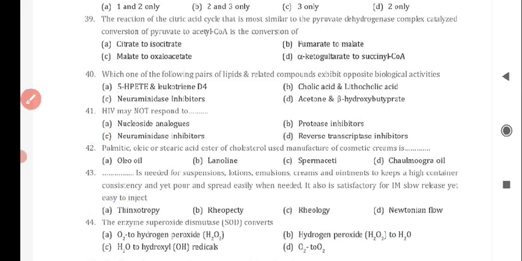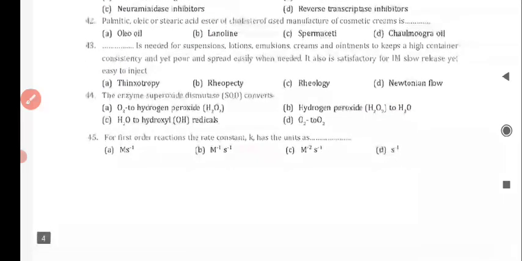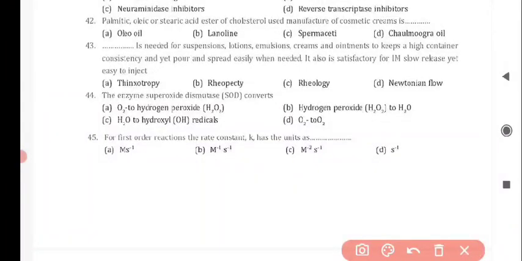Next question is, the enzyme superoxide dismutase converts, and the correct answer is option A, that is O2 to hydrogen peroxide. Next question is, for first order reactions, the rate constant K has the units as, and the correct answer is option D, that is per second.